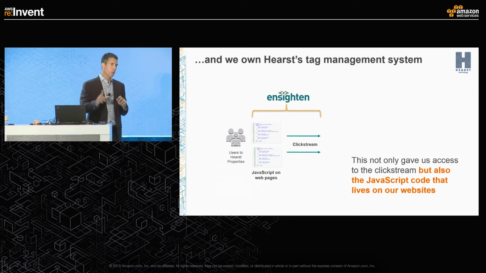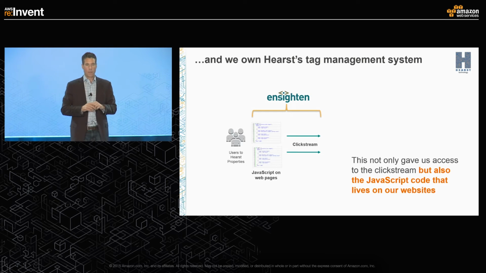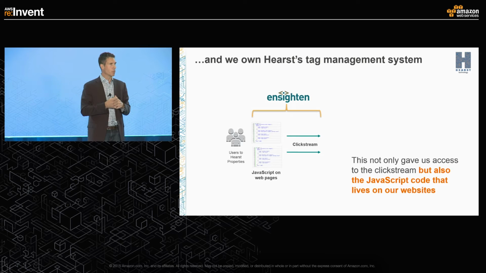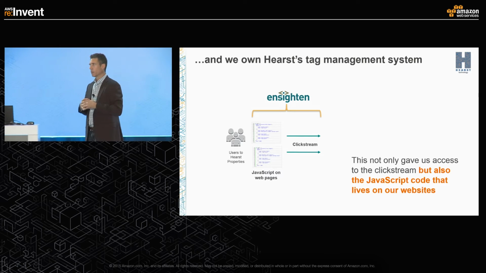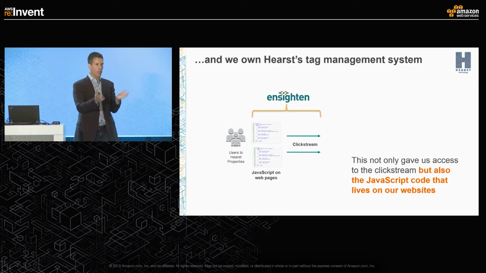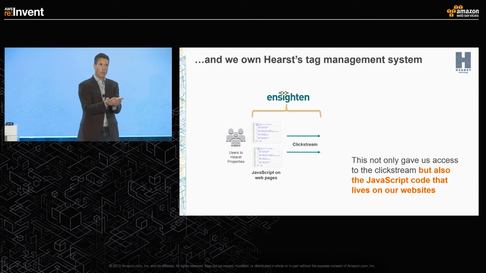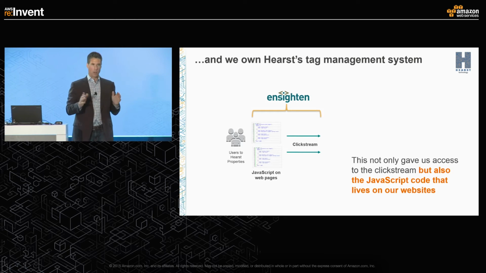One other very important asset that we had, which will be one of my first tips, is that we were able to implement on all of our websites a tag management system. For those of you not familiar with it, that's basically a container or a bucket of JavaScript that goes on the web page, where you put all of your tags. That's what it's traditionally known as.